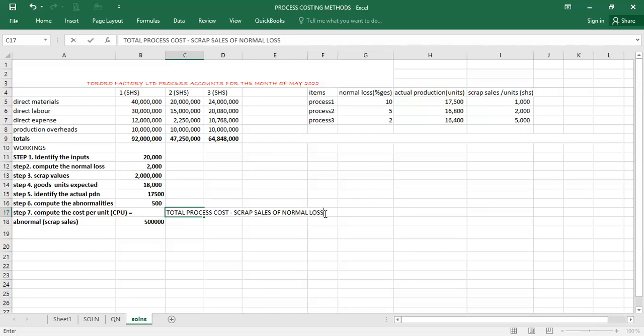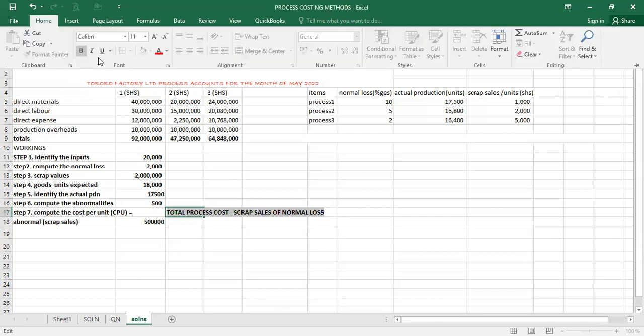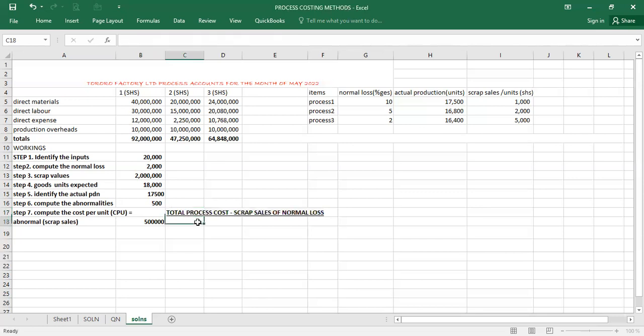Then we divide all of this over the good units expected output.